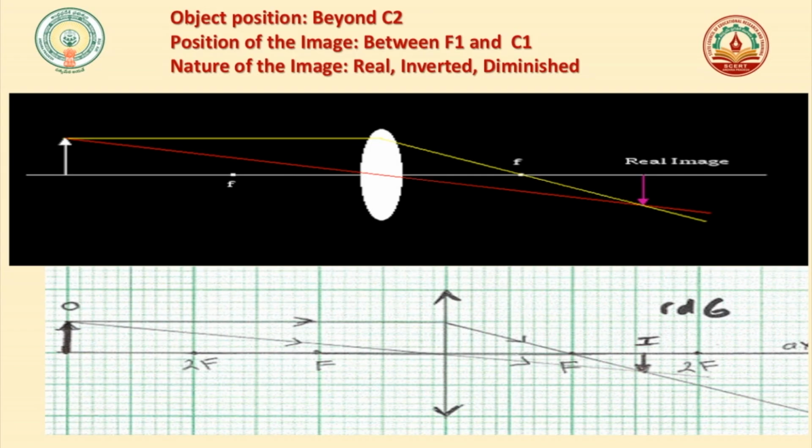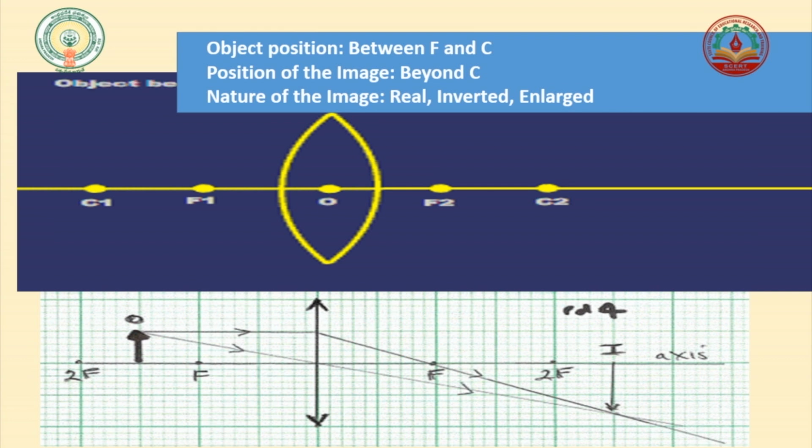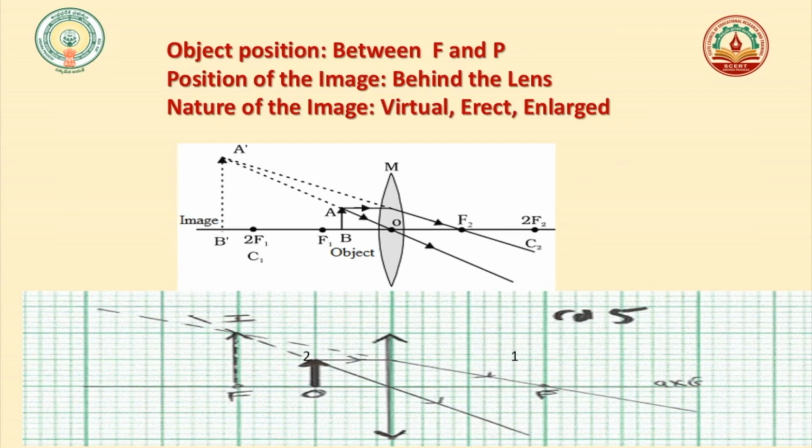If you draw the rays from a particular point of the object, then we shall get the size of the different images. Here you can see on the graph paper how the images are forming, and they can visualize the length of the image also.